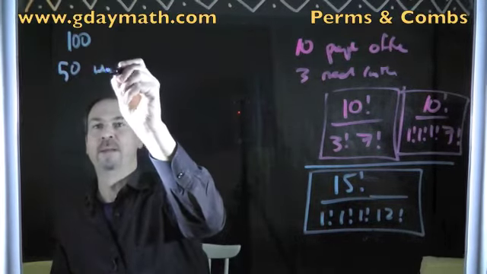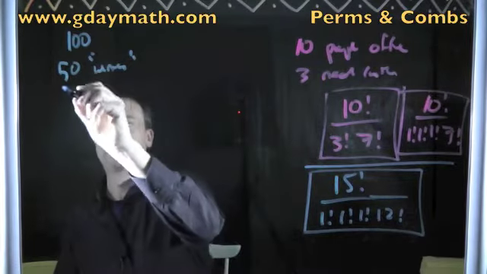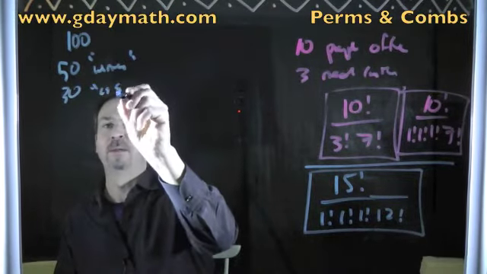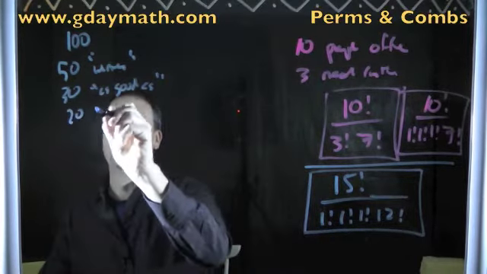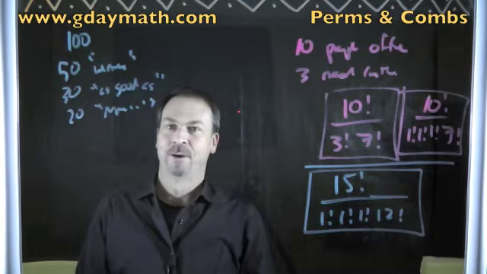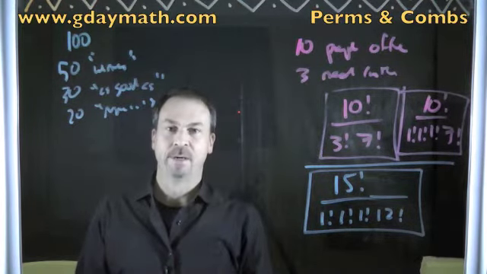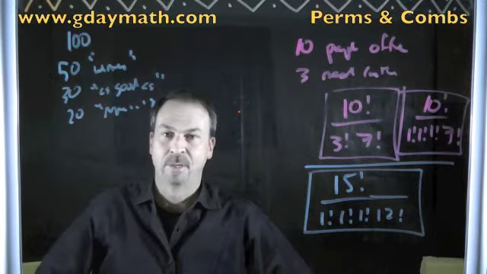So they run this race and the first 50 will be called winners. The next 30 will be called as good as winners. And the final 20 will be called might as well have been winners. How many outcomes could there be to this race with 100 third graders?